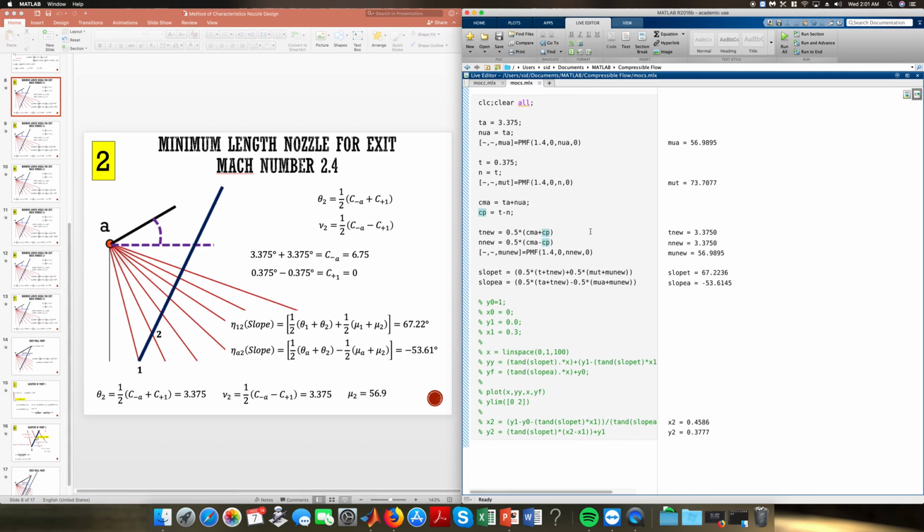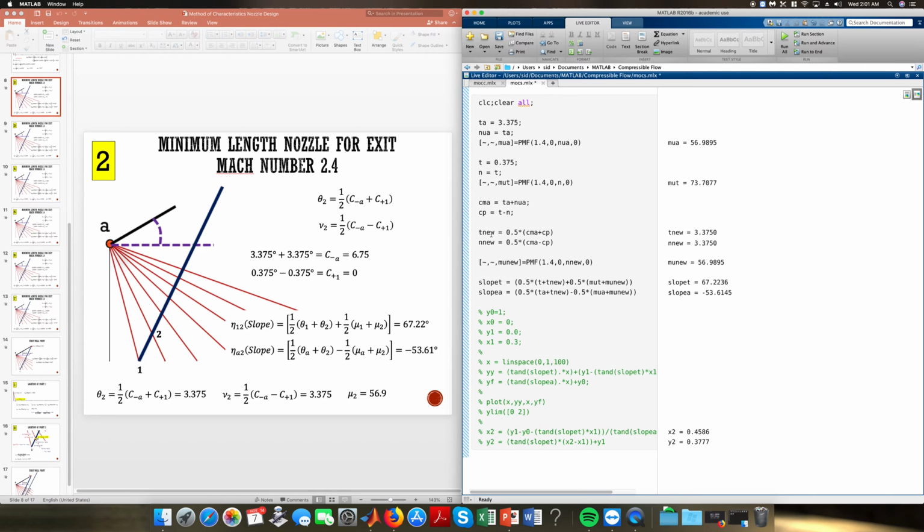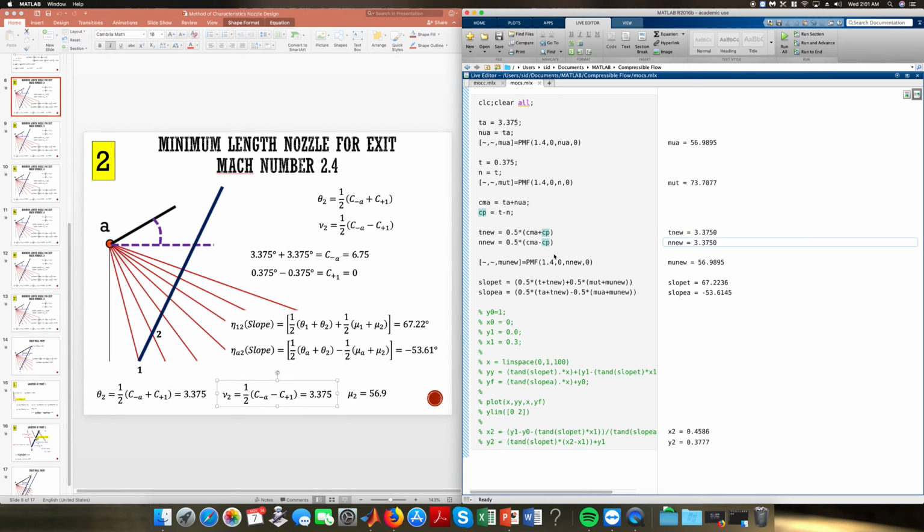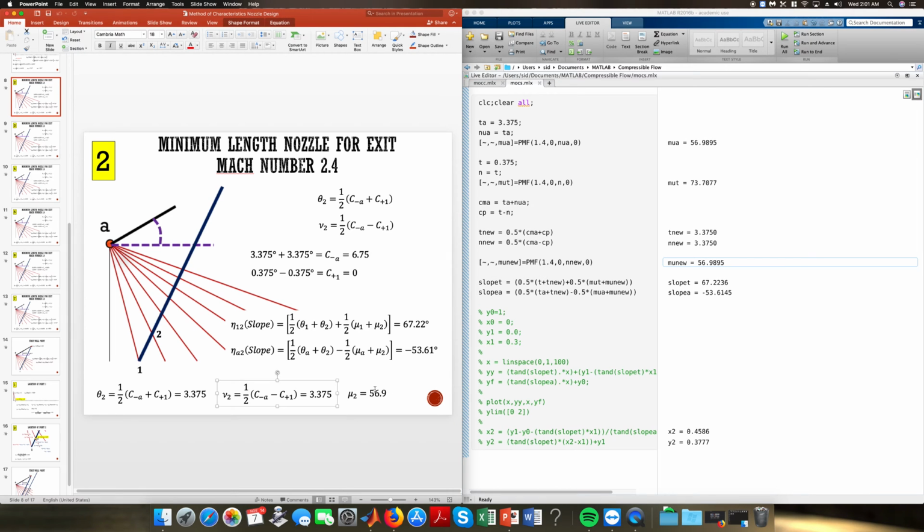So now I need to find the nu and theta at our point of interest, point 2, right? And then nu is the nu at the point of interest, okay? So this is 0.5 times c minus a plus cp, 0.5 times c minus a minus cp, right? So I hope you guys can follow this. I'm basically coding these two equations in here, and I'm finding the corresponding Mach angle using this formula, right?